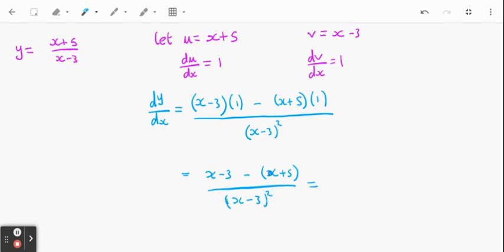And then that becomes, well, x minus x cancels, so that's 0. And then you've got minus 3 take away 5, which is minus 8 over x minus 3 all squared. And that's it for this example. Let's go to another example.